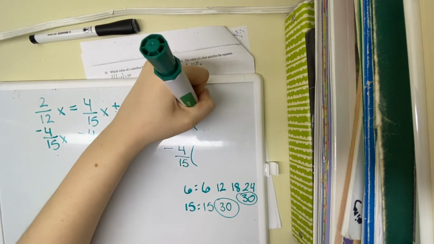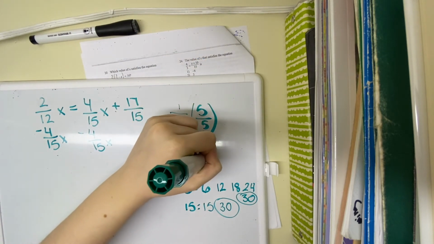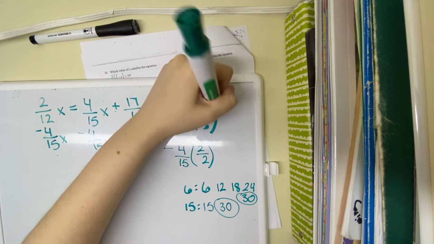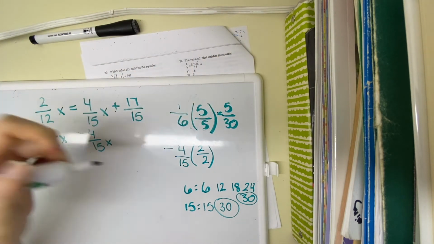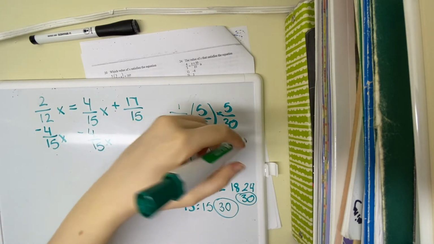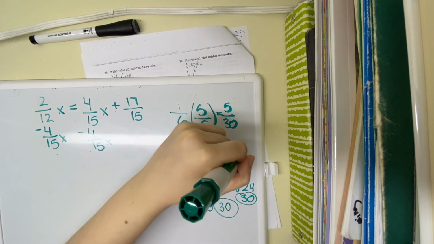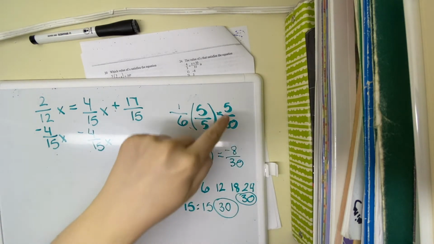So 5/5, 2/2, and this is going to be 5/30, and this one is going to be -8/30. Okay, so now they're the same.